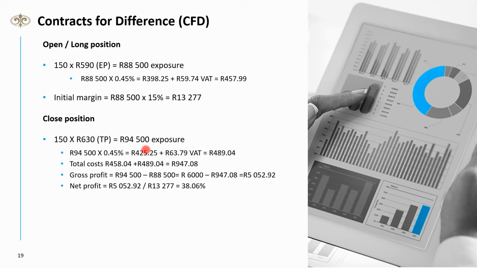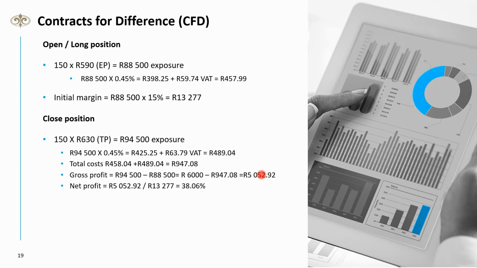If I had to close out at 630, it could have gone higher, and I would have brought my stop loss higher up to this level. But you can see the scenario here: 150 times 650 would be my exposure. Bottom line, after my costs, there's my profit. I would have made 5,000 Rand net profit. Gross profit would have been that.